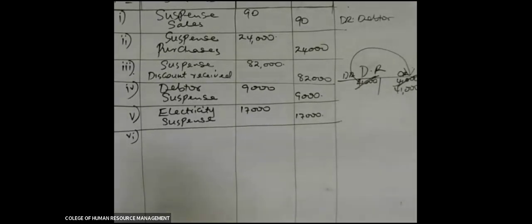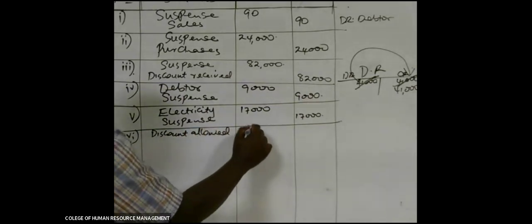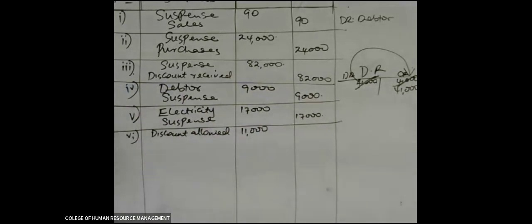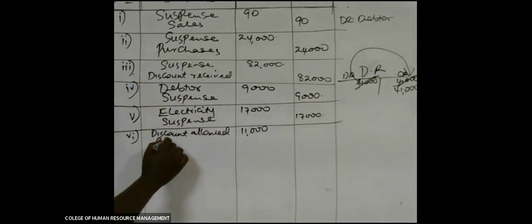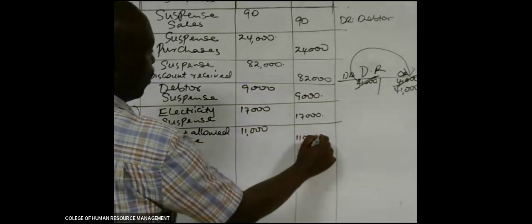We debited discount allowed with 11,000 less. Because it is less, that amount is missing on the discount allowed account, which should be debited. So we debit the undercast, which is now the missing amount. Then we shall credit our suspense by 11,000.